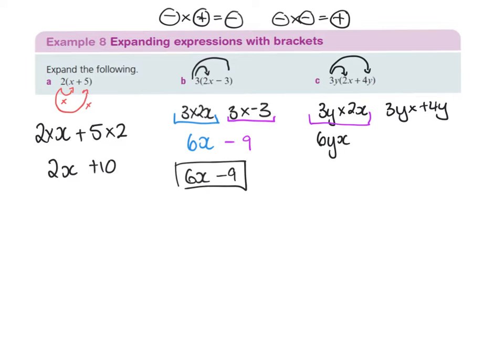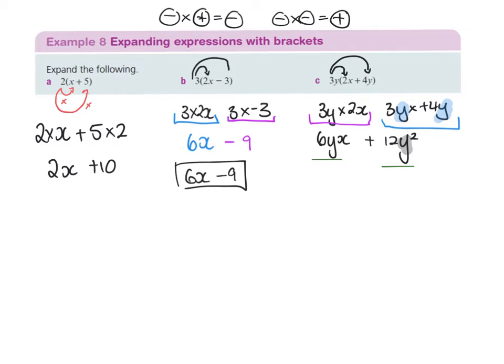Okay, now I'm doing the next part over here. What is 3 times 4? 12, good. And what happens when I have a y by a y? Good, awesome. We write y squared.